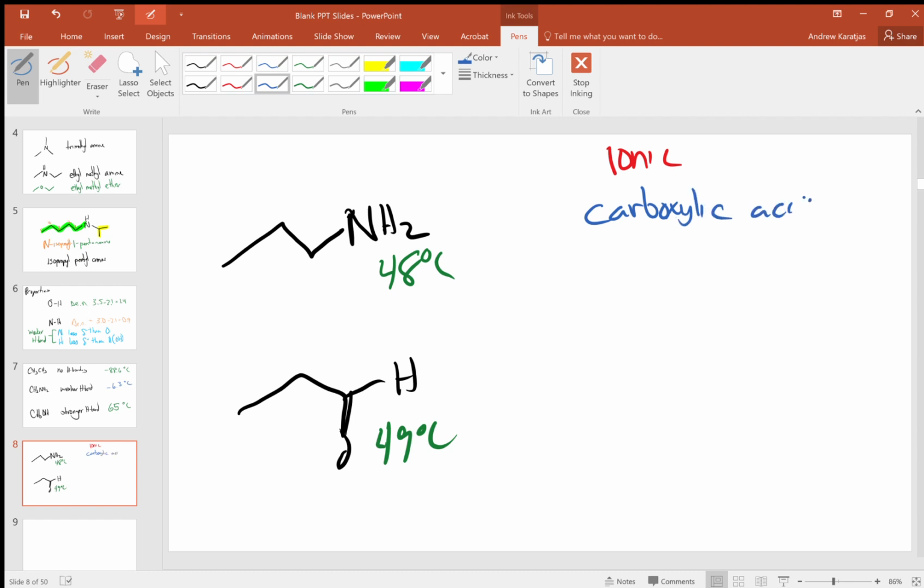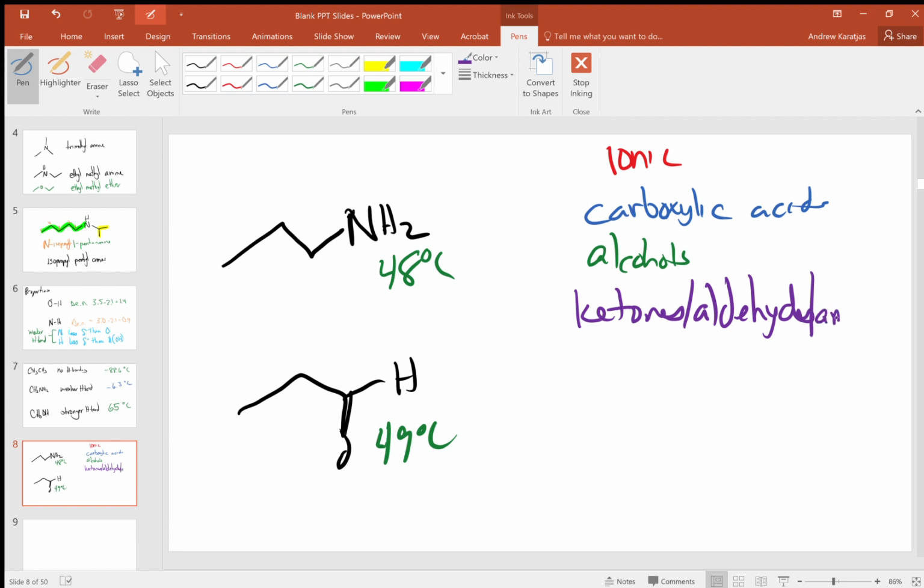Carboxylic acids, alcohols, ketones, aldehydes, and amides are all very, very similar. And then hydrocarbons, alkanes, alkenes, alkynes.